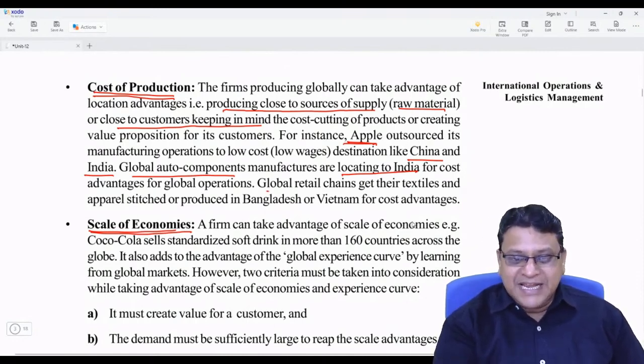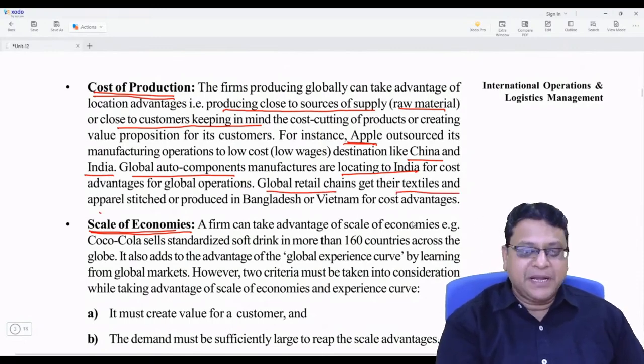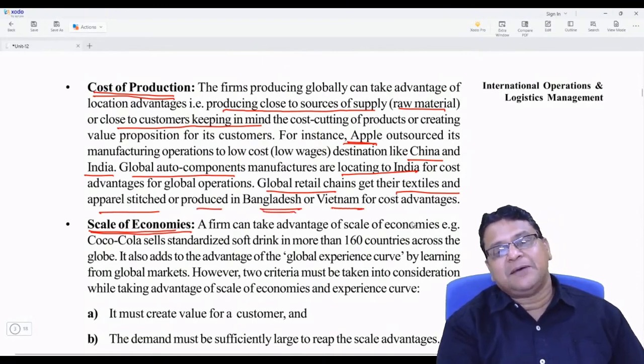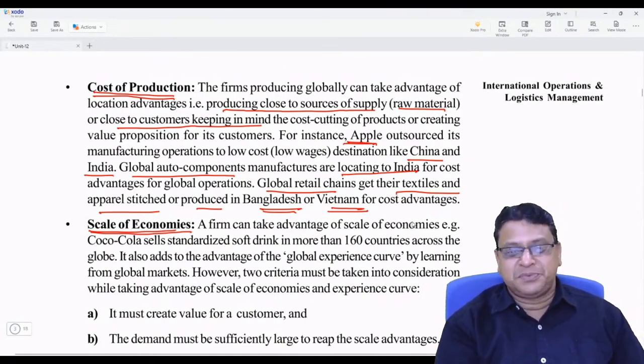Then global retail chains get their textiles and apparel stitched or produced in Bangladesh and Vietnam. The most important textile manufacturers produce their products in Bangladesh or Vietnam because they get cheap labor.